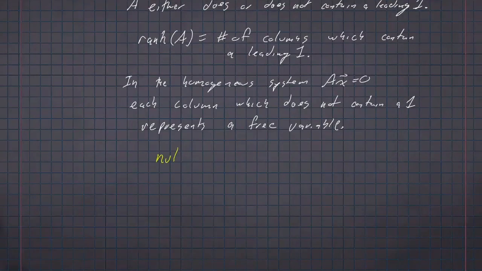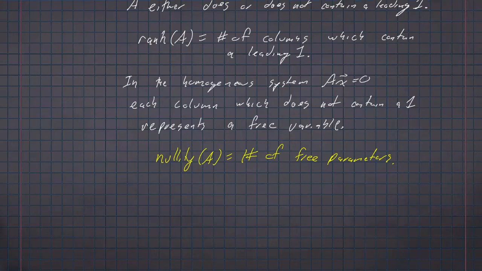So the number of free parameters in the solution to AX equals 0 is the nullity of the linear system. Every column which contains a leading 1 counts towards the rank. Every column which does not contain a leading 1 becomes a free parameter and counts towards the nullity. In total, there are n columns.